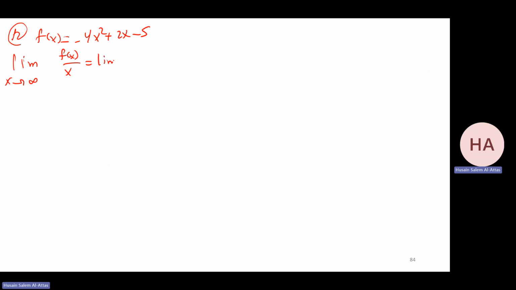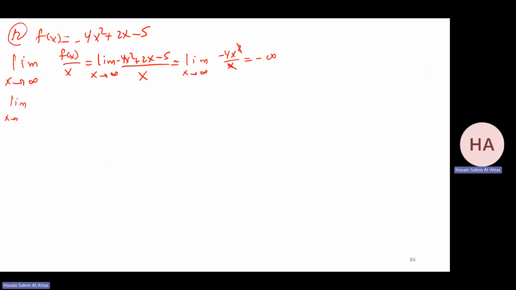If you do this, you have degree 2 over degree 1. Remember, we agreed that will be the same limit as minus 4x squared over x, the highest degree. This will be minus 4x, which is minus infinity.